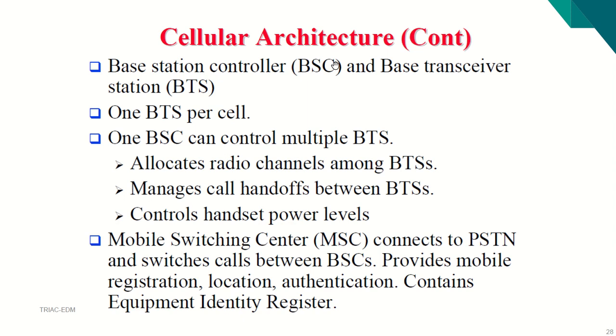So the cellular architecture has a base station controller and base transceiver station, and one BTS per cell, as we mentioned before. And then one base station controller can control multiple BTS, and it allocates radio channels among BTS, so that, as previously mentioned, some of the channel operation, for example channel borrowing, can be done by the controller.